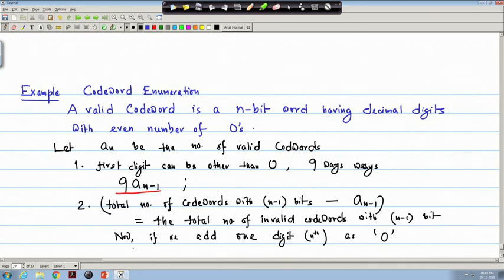Since I have 10 digits, this will be 10 to the power n minus 1, the total number of code words, minus the valid code words An minus 1. So, this is the total number of invalid code words with n minus 1 bits, and the nth bit we add is 0.